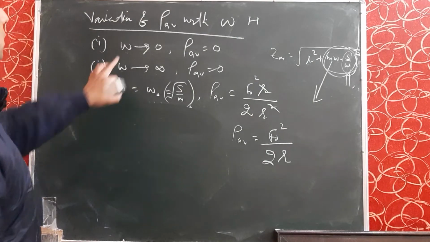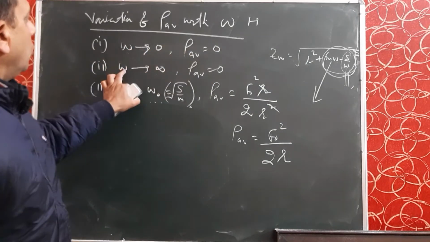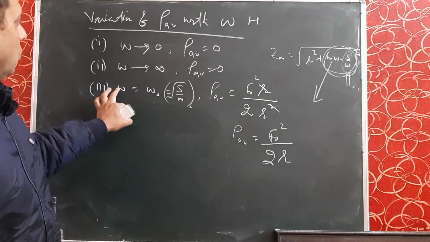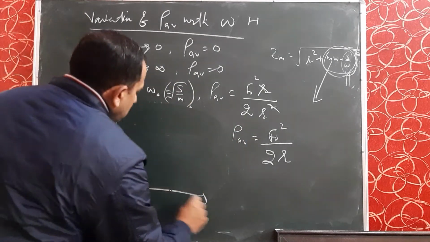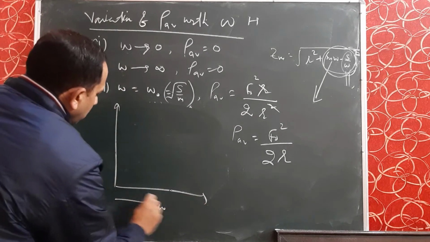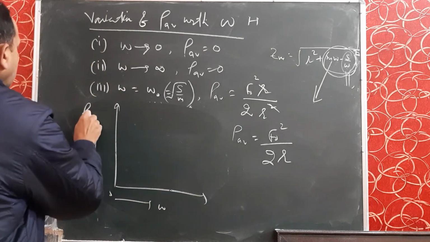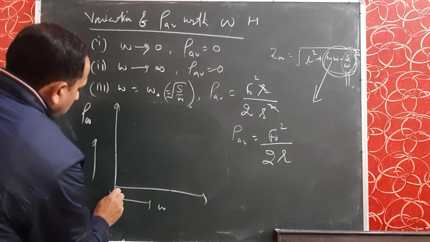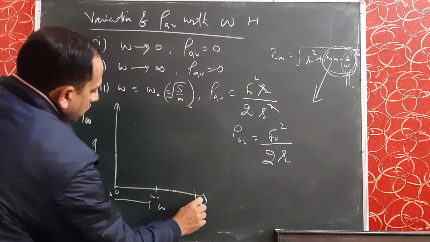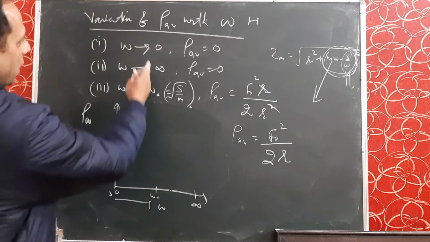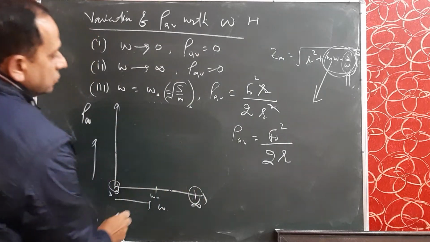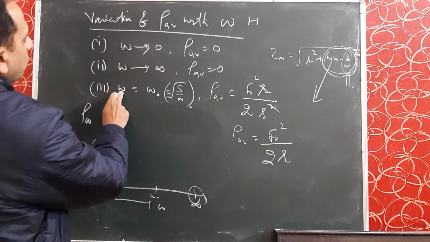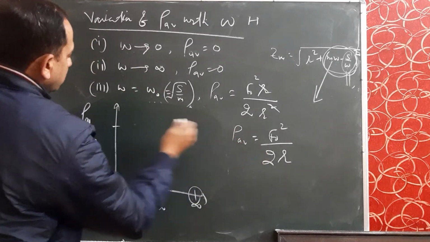So there are 3 points: omega tends to 0, power 0; omega infinity, power 0; omega equal to omega naught, power is finite. So we plot the graph between omega and average power. At 0 the power is 0, at infinity the power is again 0, and at omega naught the power is finite, it is the maximum power.